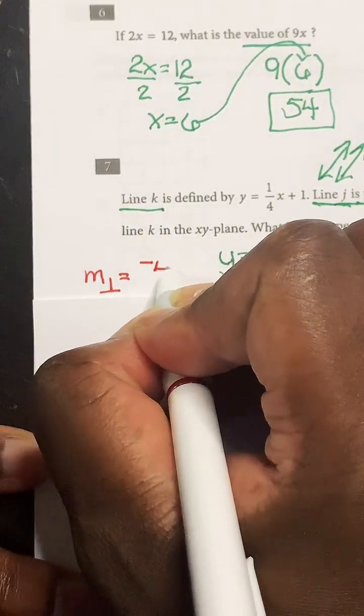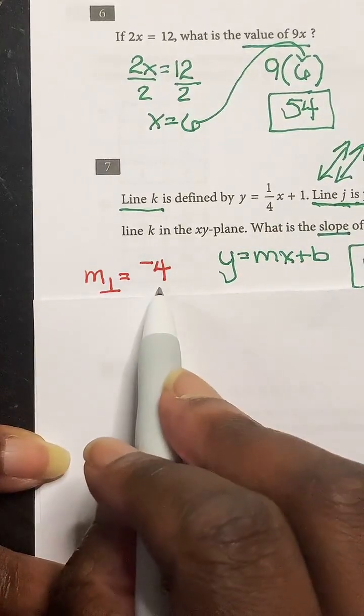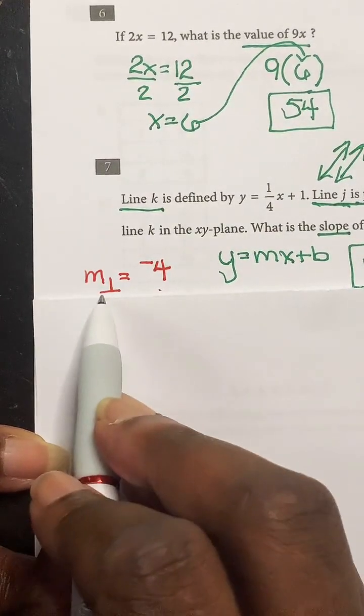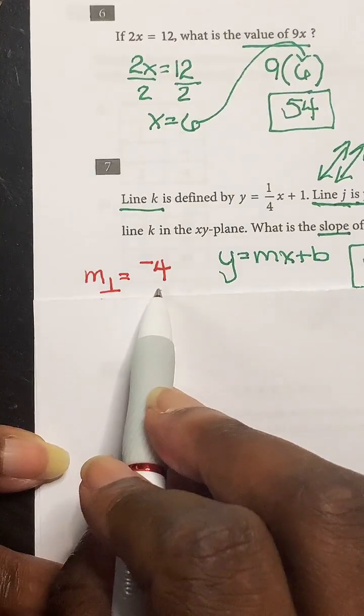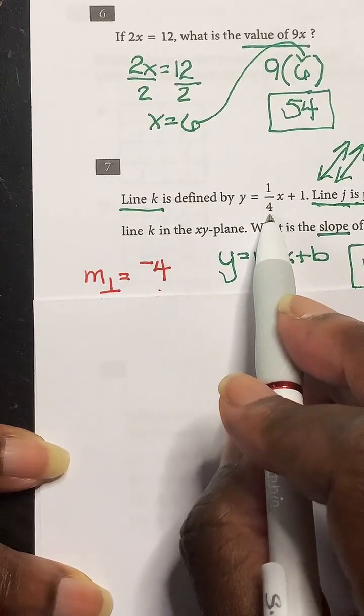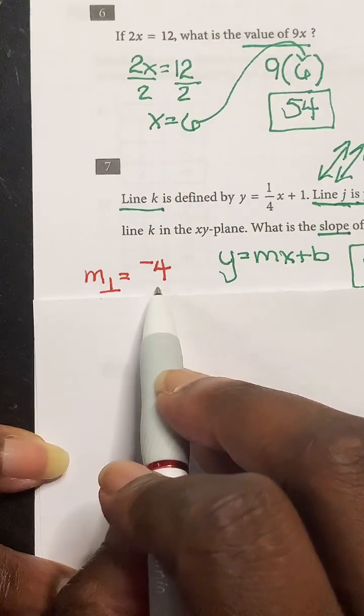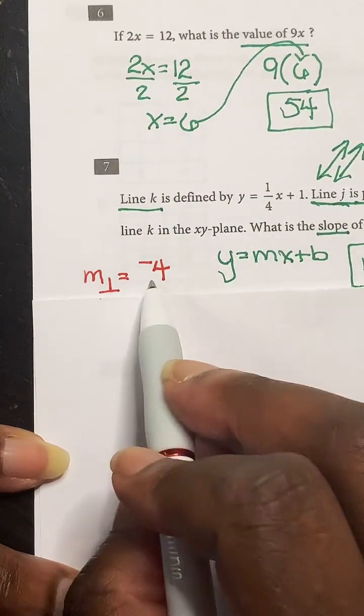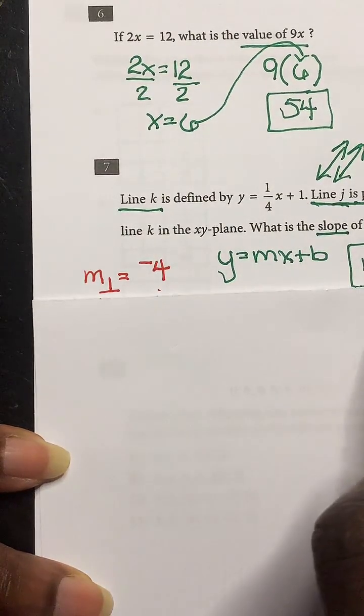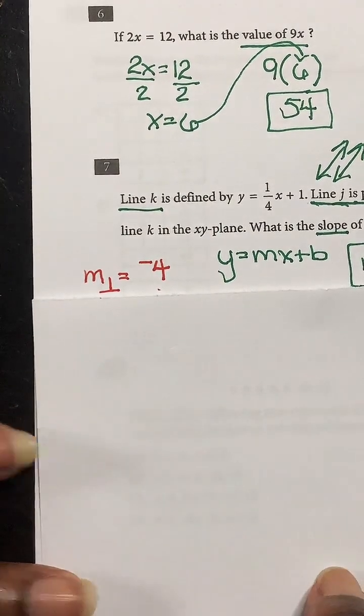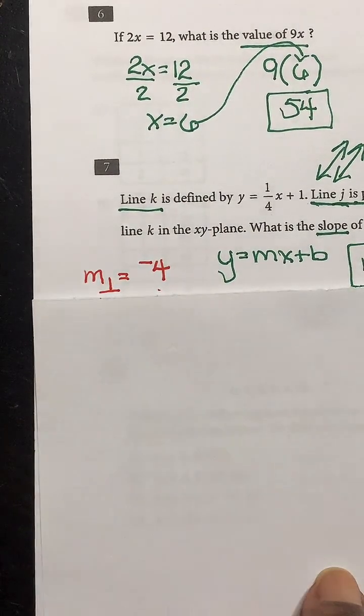So that'll be 4/1, or simply 4. So if they said the lines are perpendicular to each other, you look right at that slope, do the opposite in sign, and flip it. Okay? All right. Nice one.